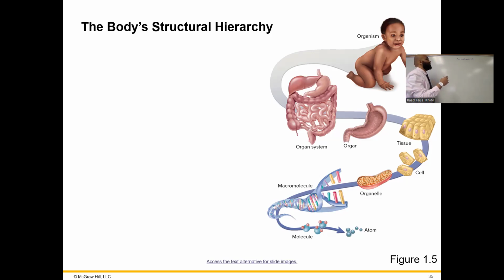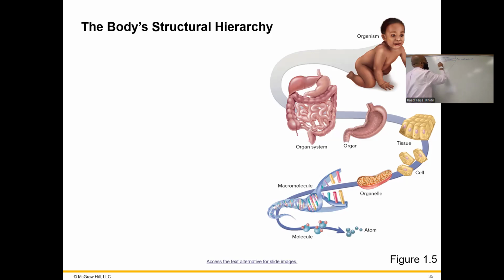So deconstructionist says that we reverse the pyramid. Anatomy is not only happening at the level of the big organism up here. The organism is made up from organ systems, and the organ systems are made up from organs.